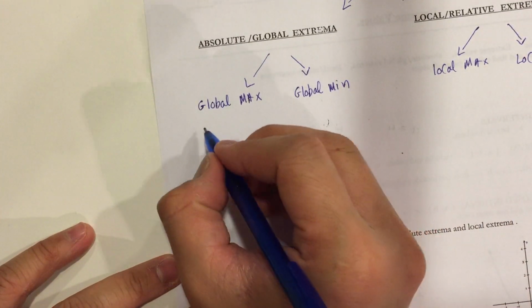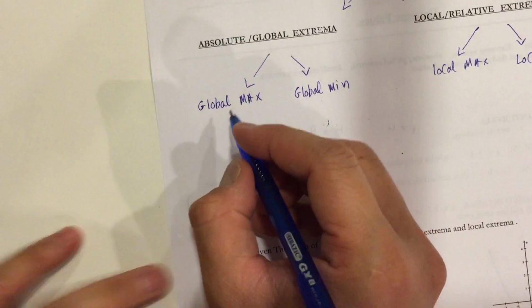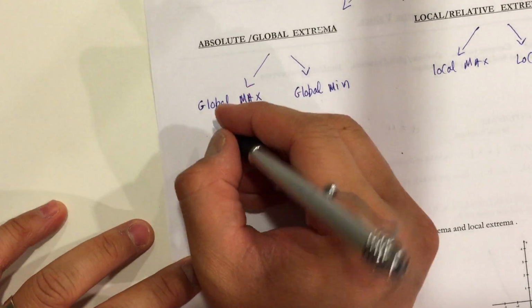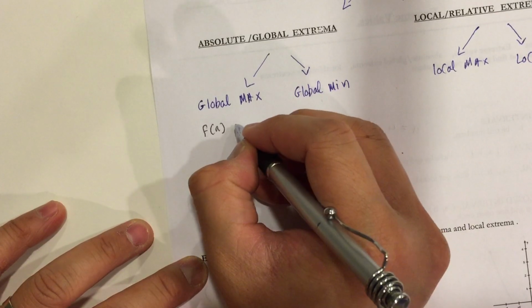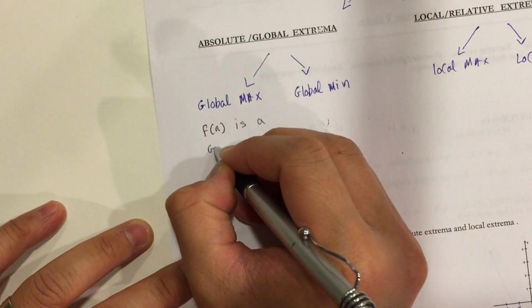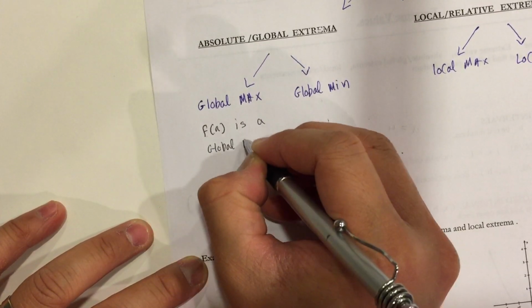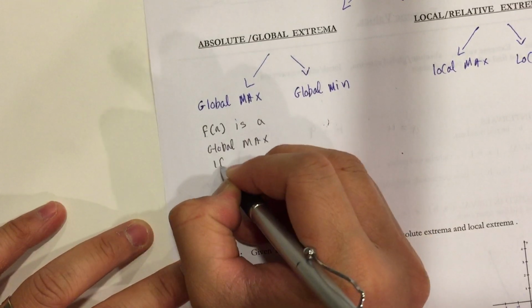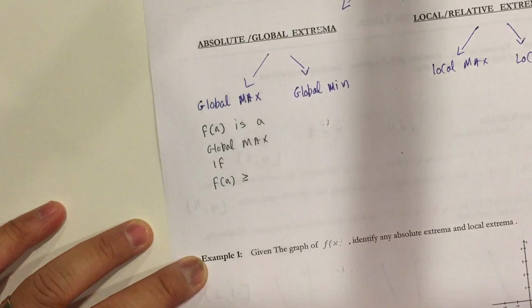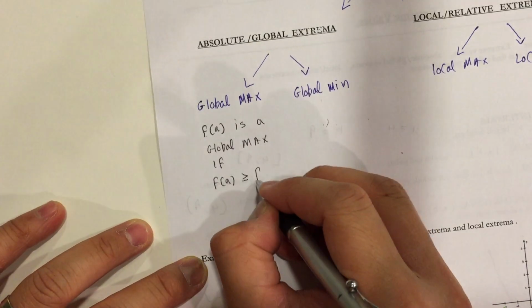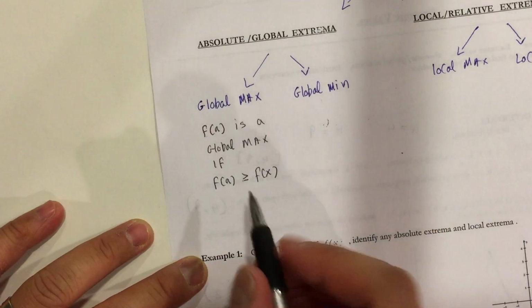Okay. Now, what is global max? Well, let me define this for you. Say f at A is a global max if it is the largest value compared to all the values in the function.